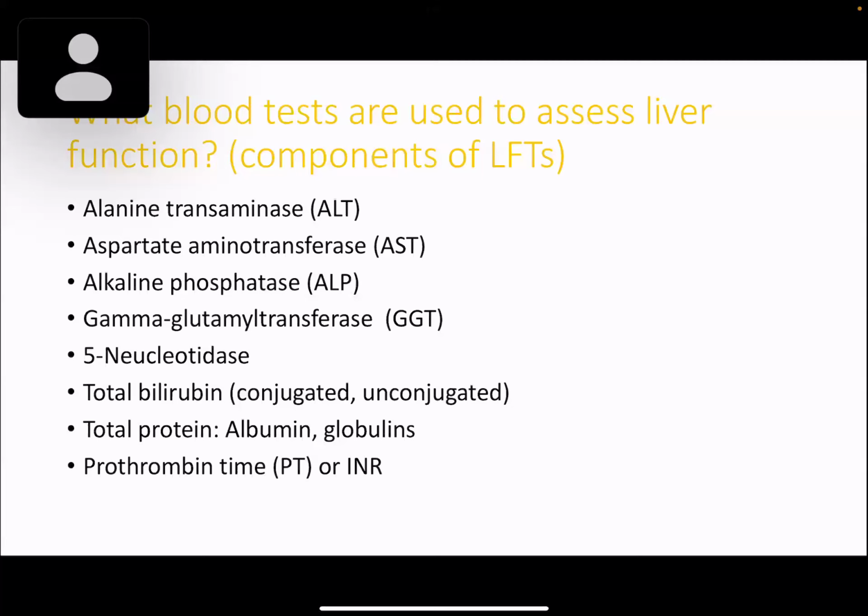So important components of liver function tests include liver enzymes, in the form of ALT, AST, alkaline phosphatase, GGT, and 5-nucleotidase, and also assessing the total bilirubin in the form of conjugated and unconjugated bilirubin, and assessing total protein, including albumin and globulins, and also prothrombin time or INR.